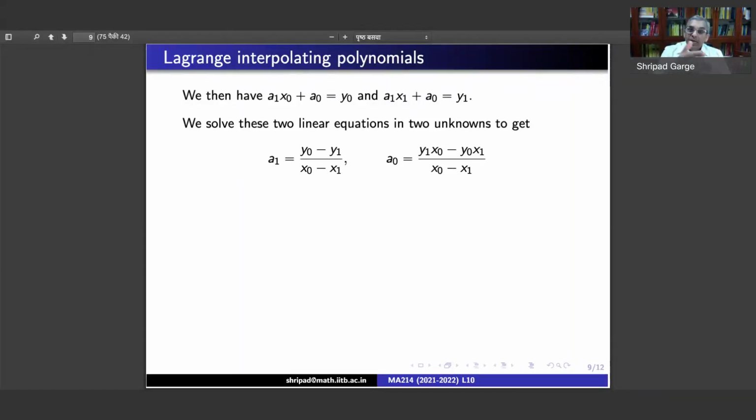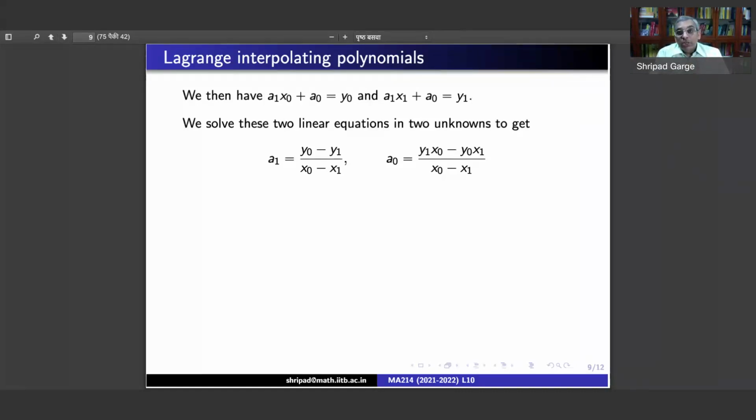Put this value back and then solve for a0, or you can use the same equations, multiply the first one by x1, second by x0, and then take the differences. Now the a1 term will get cancelled, and you again get the formula for a0, which is y1 x0 minus y0 x1 upon x0 minus x1.